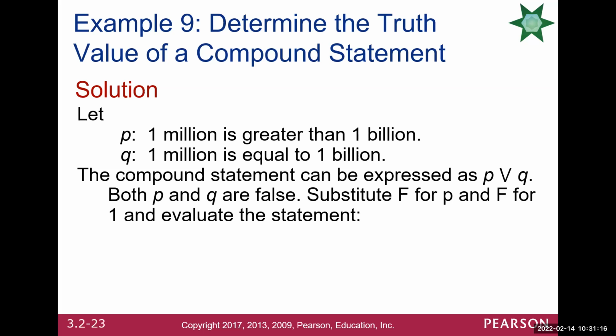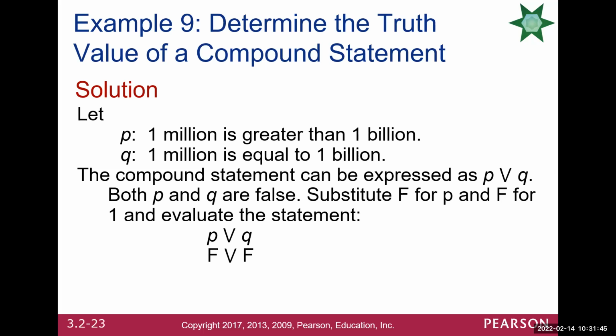So if we bring down that symbolic form of P or Q and we substitute the P for the truth value F, keep that connective, and substitute the Q for the truth value F, right? Because we know both of those statements are false. Now we have a simplistic form of looking at the operation of this disjunction.